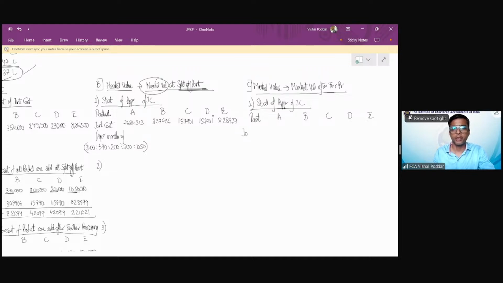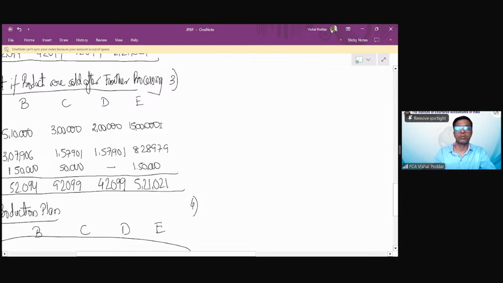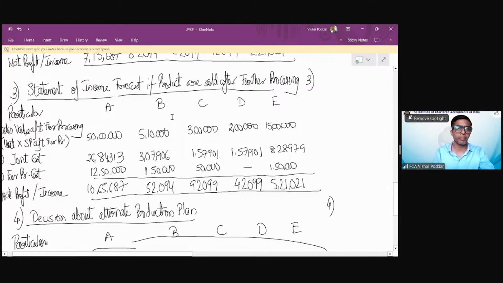So again, I'll write joint cost apportioned in ratio of. Now, what is my ratio now? Now my ratio is this sale value. So sale value after further processing, so 50 lakhs, 5, 10, 3, 2, again 15, right?